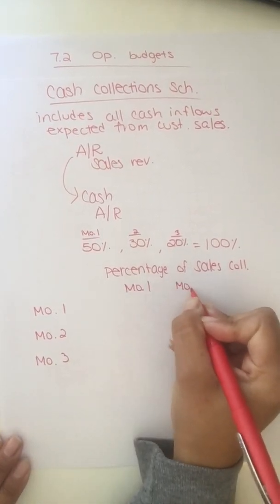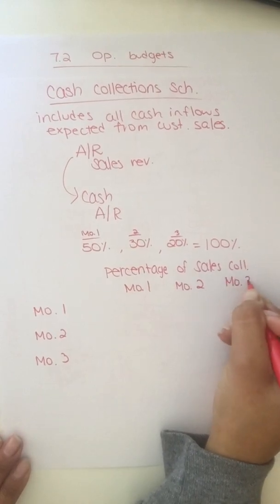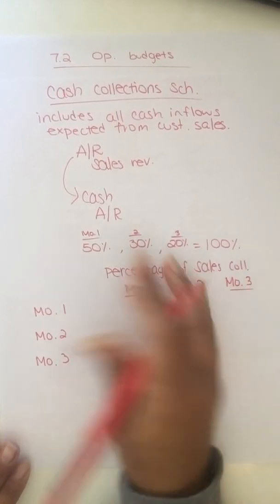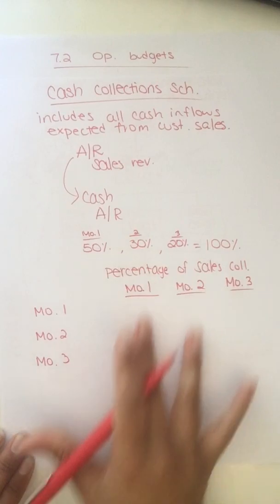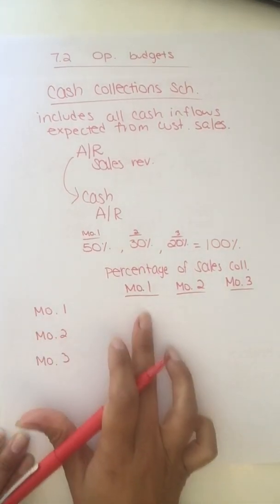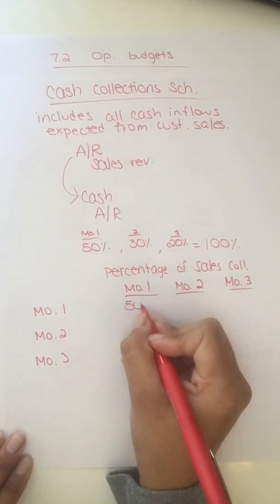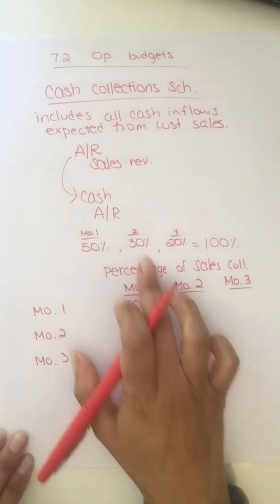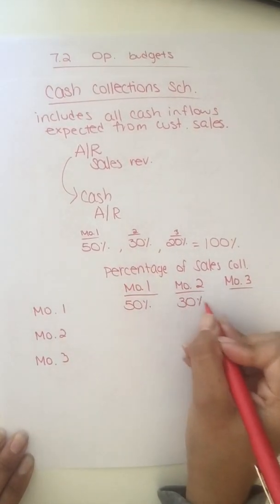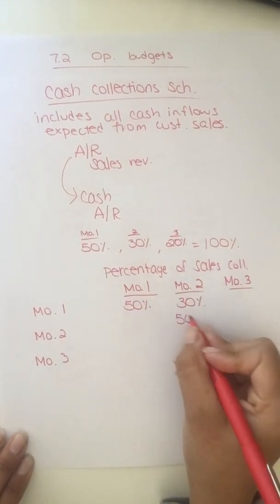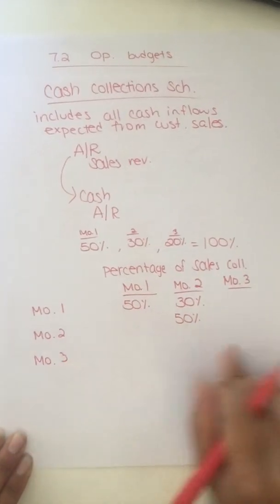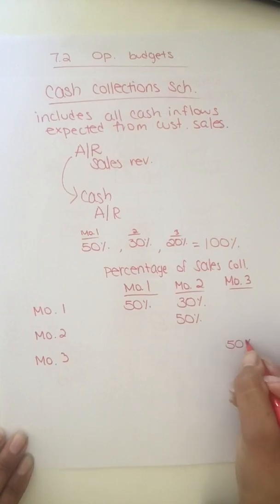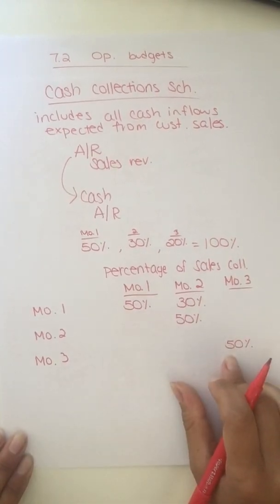If we were to take that information and place it into this table, in the first month, we're going to collect 50% of month 1 sales. In month 2, we're going to collect 30% of month 1's sales plus 50% of the second month sales. In month 3, you're going to collect 50% of month 3's sales.